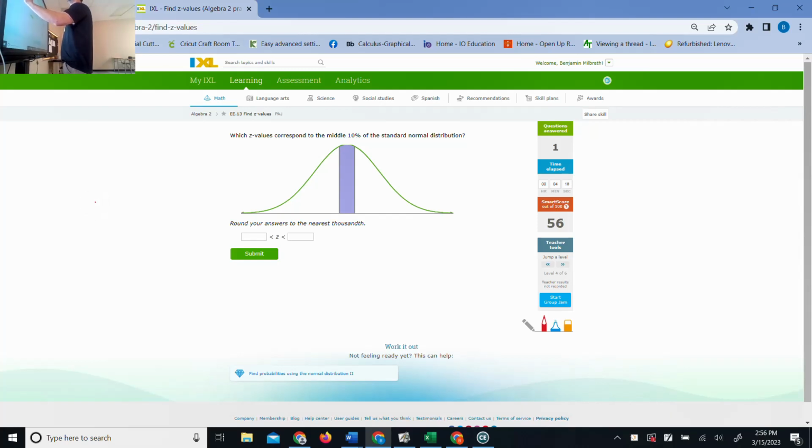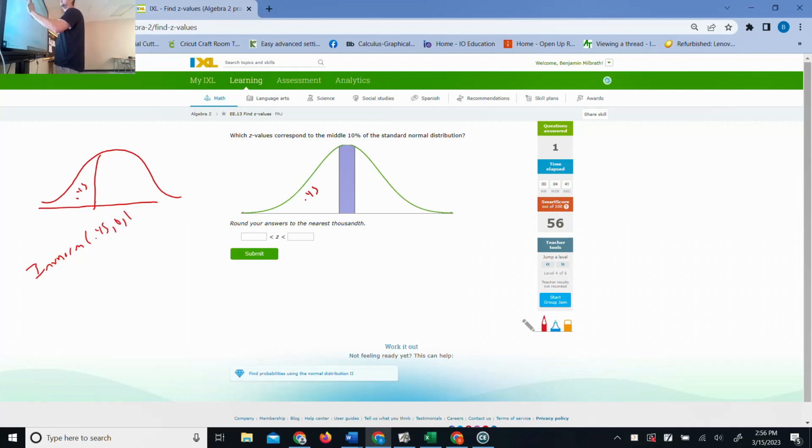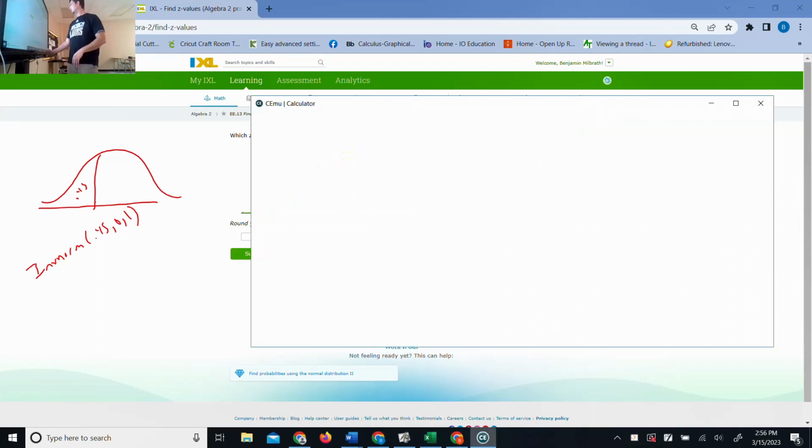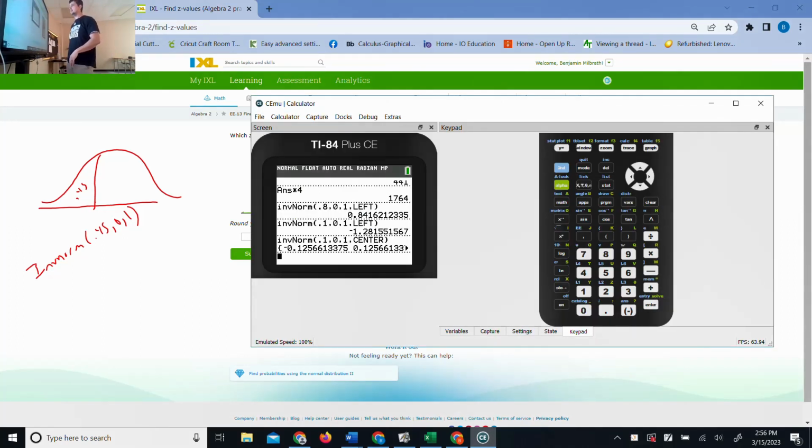You had to do this 2 times. You had to think about this being the middle 10, this being 0.45. So you would do inverse norm 0.4501, and that'd give you a left value, the same thing this one got. That would give you the negative 0.1257.